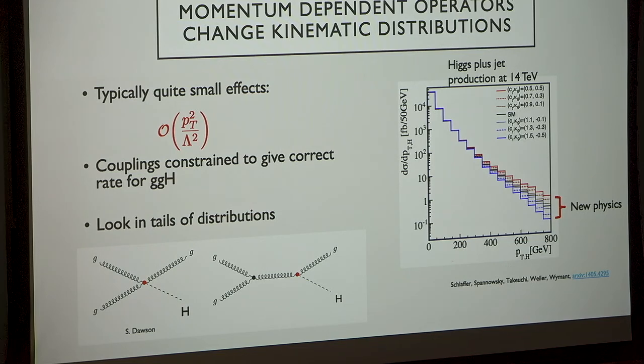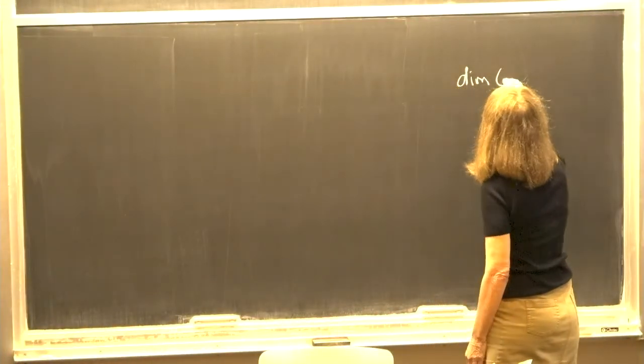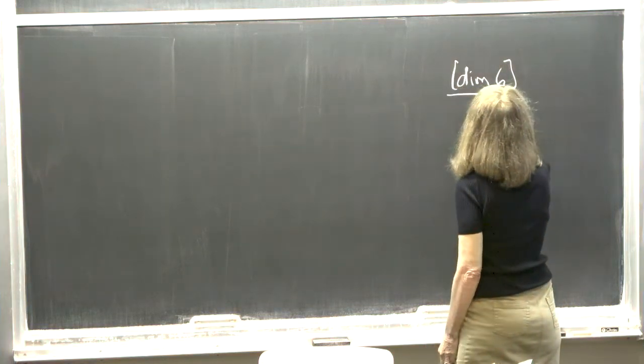Yes? The question is, do the new physics effects showing up at high pt have anything to do with the mt goes to infinity limit? And the answer is absolutely not. The reason is that we're looking at dimension 6 operators. So you have dim 6 over lambda squared.